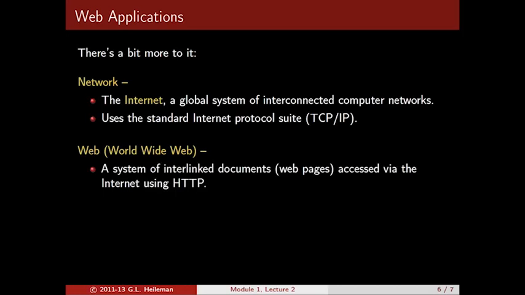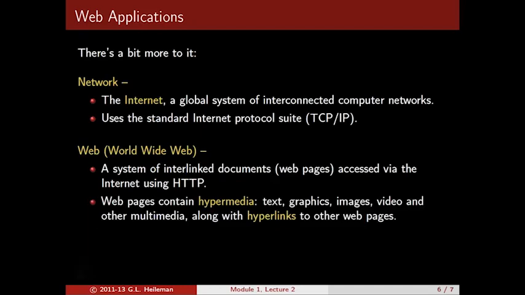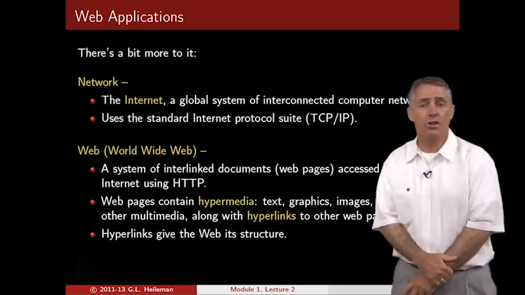The web operates on top of the internet, and it's just a system of interlinked documents, in other words, web pages, that you access via this HTTP protocol. Web pages contain hypermedia. That is text, graphics, images, video, and all sorts of other types of multimedia, along with hyperlinks to other pages. And it's these hyperlinks that give the web its structure.